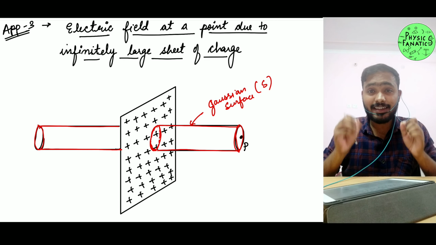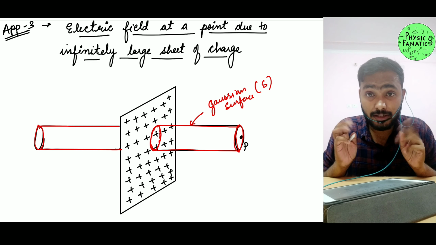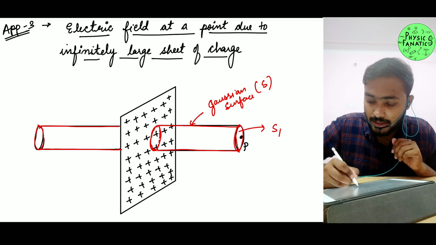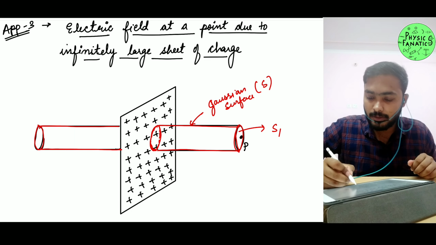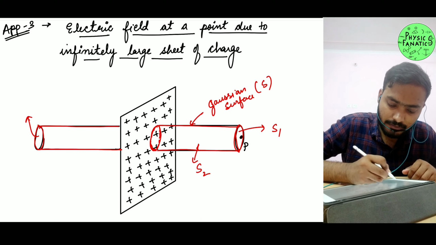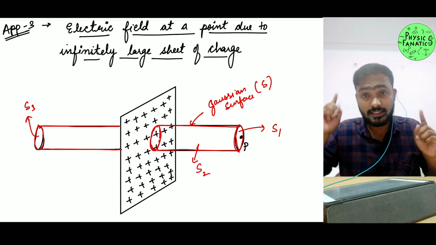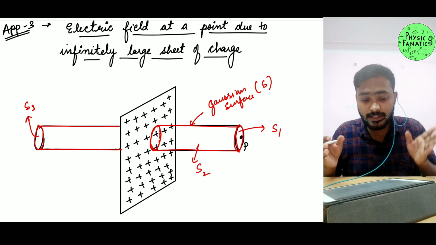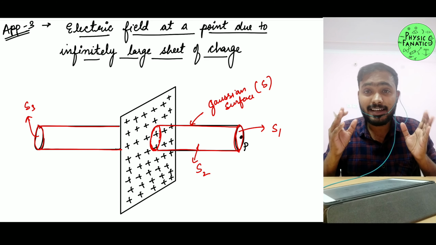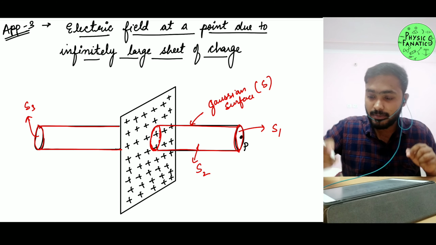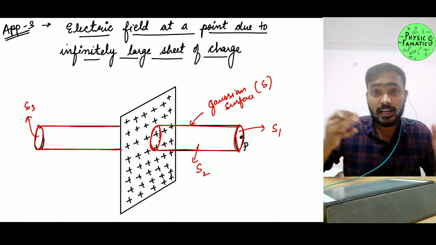And again I can divide this surface into three parts. The first surface, let me call it S1 part. The second surface, the curved part, let me call it S2 part, and the third surface is my S3 part. This first and the third part are identical. They are actually circular, so S1 and S3 will have the same area.